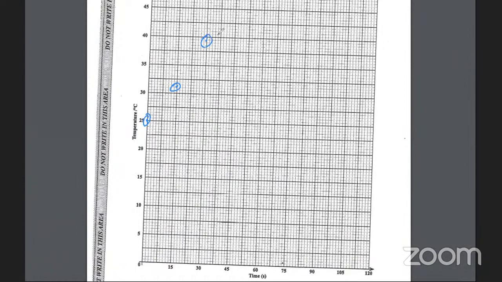About here. That one is a rough estimate. And 75 to 46, 90 to 45.